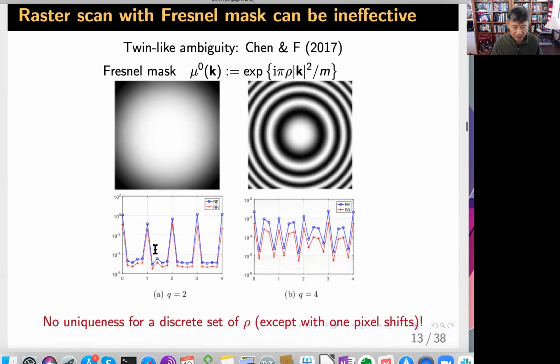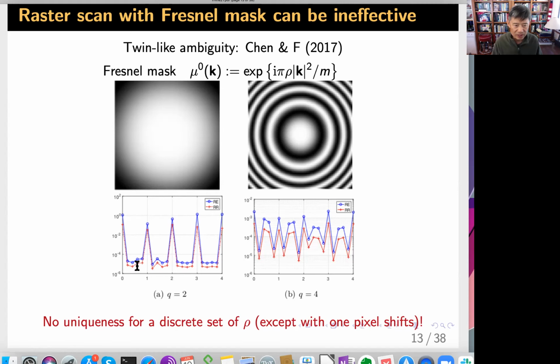Here, this is a relative error and relative residual. Blue is relative error, red is relative residual. You can see as you change, this is the rho, I think. Yeah, so with rho from 0, 1, 2, 3, 4, you can see every time rho hits an integer, it has a kind of resonant phenomenon that happens. The error just jumps up to almost 1 here.